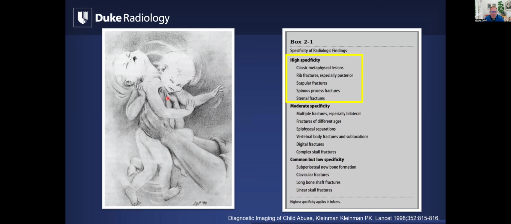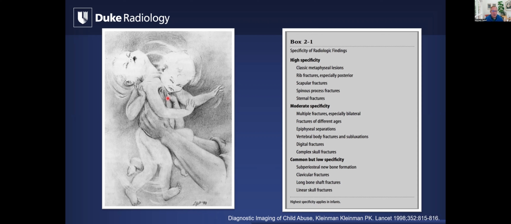The majority of abuse occurs in patients who are less than a year of age, and then also less than 3 years of age. Approximately 50% of abuse occurs in kids less than a year of age, and 75% less than 3 years of age. So when I'm thinking about abuse-related injuries, I'm thinking about younger patients.